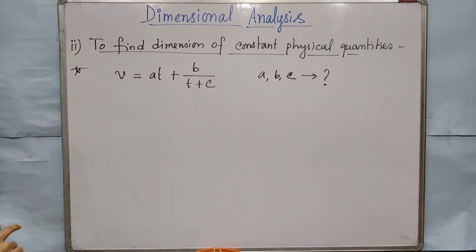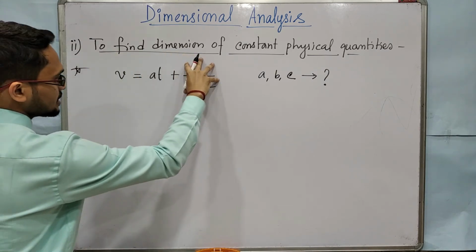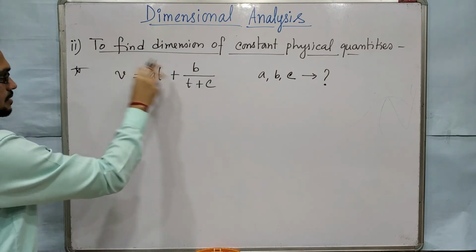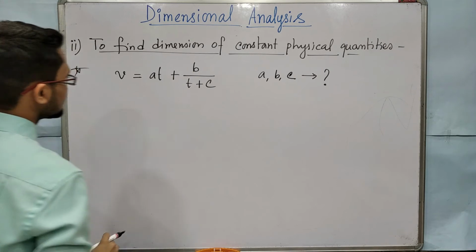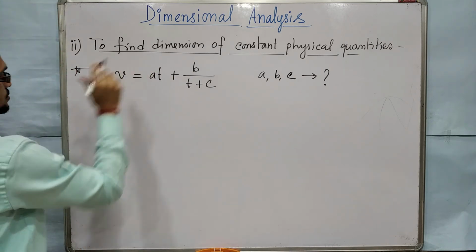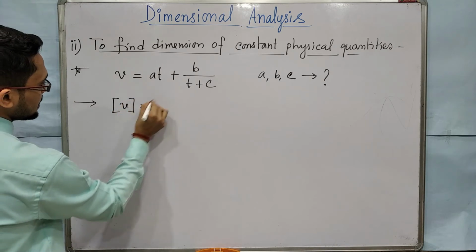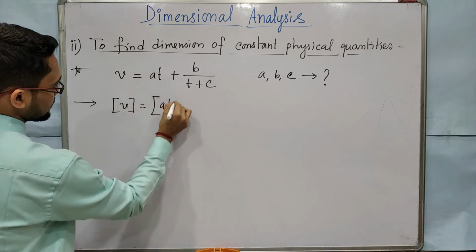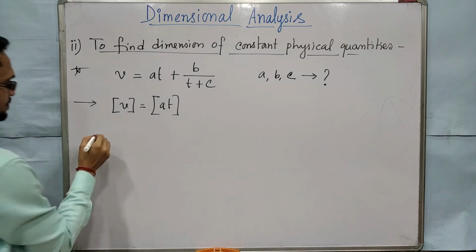So here how will you do? Three physical quantities are there: this one, this one, and this one. These three physical quantities will have the same dimension. So first I am taking these two. Dimension of V will be dimension of AT. This is the application of the principle of homogeneity.